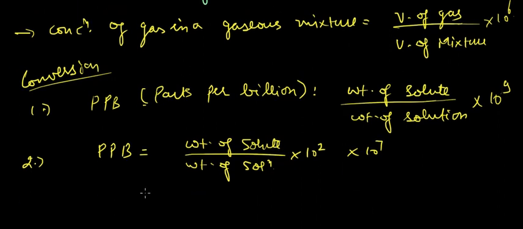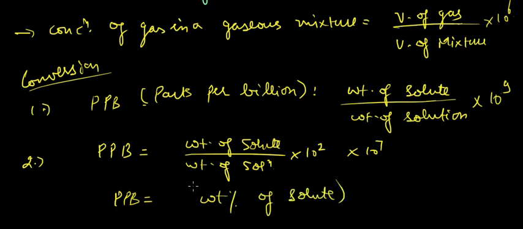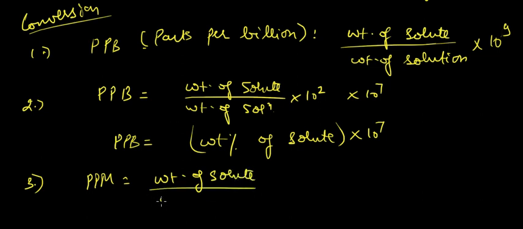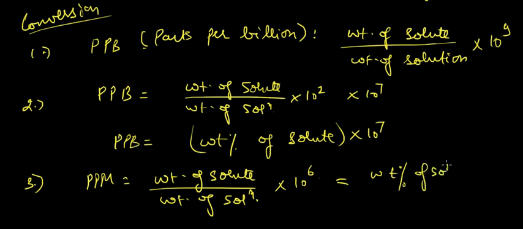So ppb equals weight percent of solute into 10 raised to the power 7. Similarly, we have ppm as weight of solute upon weight of solution into 10 raised to power 6. It can be written as weight percent of solute into 10 raised to power 4.